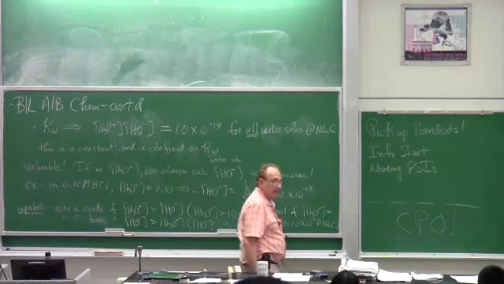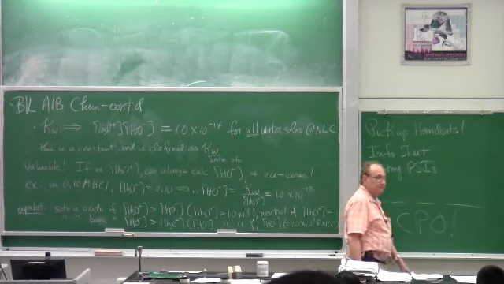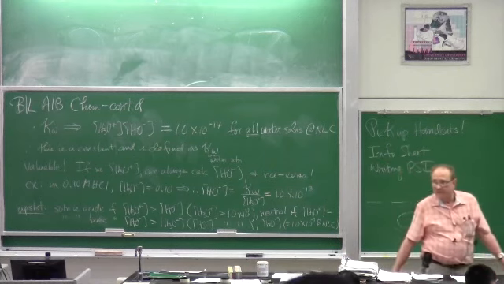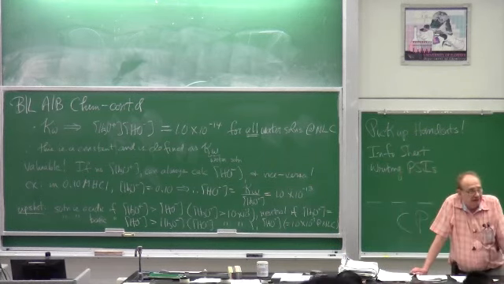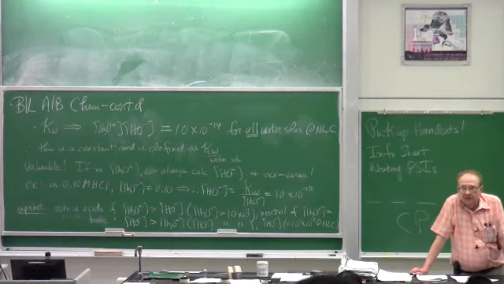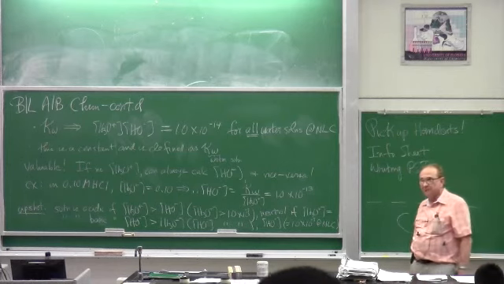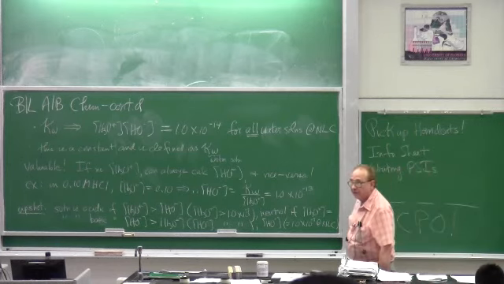Roughly 25 centigrade, 1 atmosphere external pressure. For each and every water solution at these conditions, the hydronium ion concentration multiplied times the hydroxide ion concentration is 1.0 times 10 to the minus 14 to 2 significant figures.